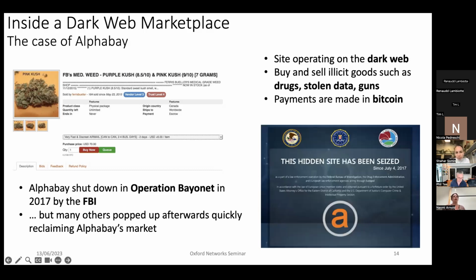And in the case of the AlphaBay marketplace, this was shut down in an operation called Operation Bayonet in 2017 by the FBI. But it's an interesting ecosystem, because even though that was shut down, others very quickly pop up afterwards.